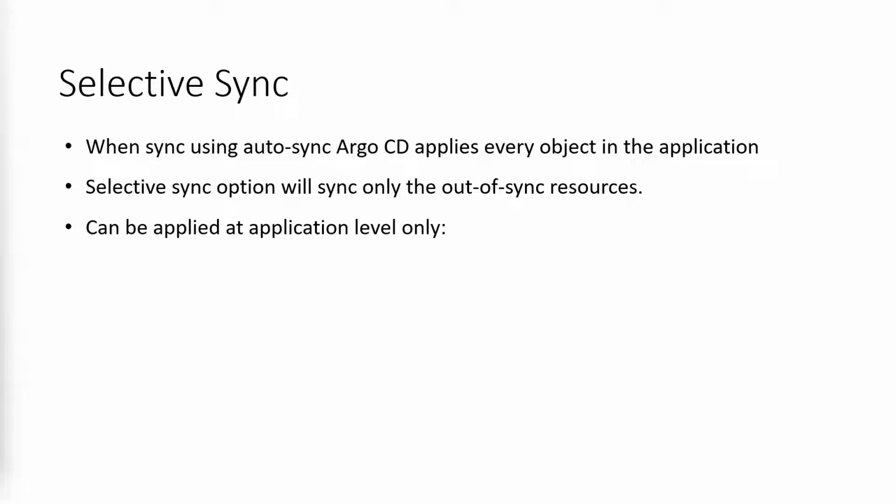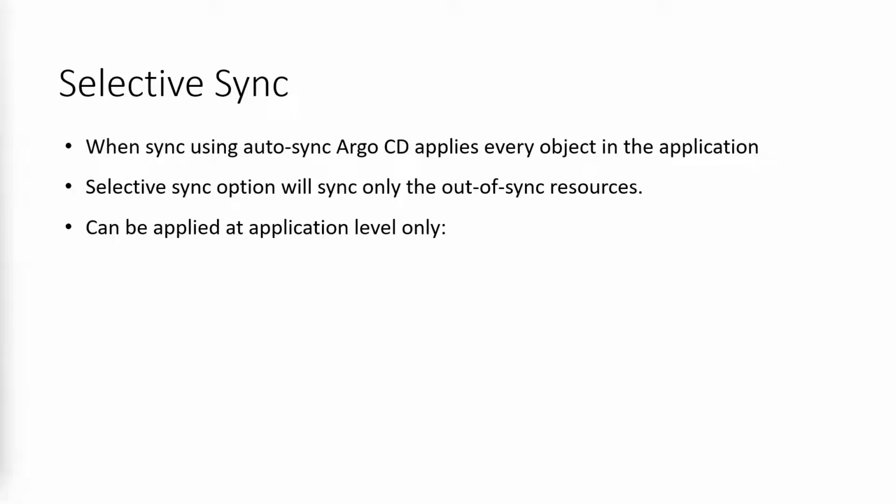It helps us check only the resources that are out of sync. This option is available only on application level, unlike other options, some of which are available at resource level.